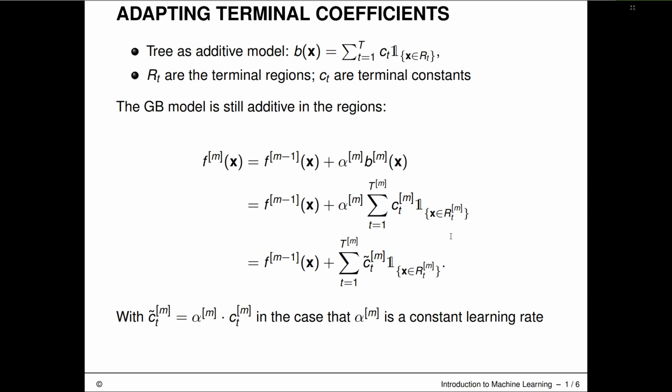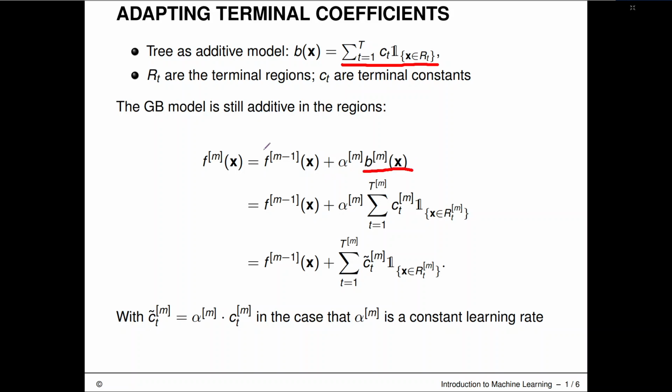First of all, we've discussed this before. We can write down trees as an additive model, as you can see here. As an additive model across the partitioning that's induced by our leaf node regions times some height constant C. And the gradient boosting model is now still additive in these regions, which is a super simple implication of the gradient boosting model itself being additive in its base learners.